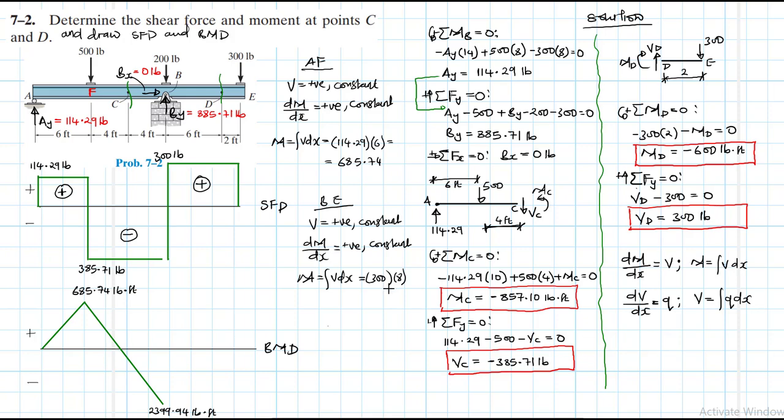What does this give us? 300 by 8 gives us 2400 positive.